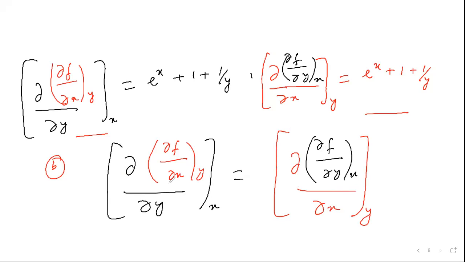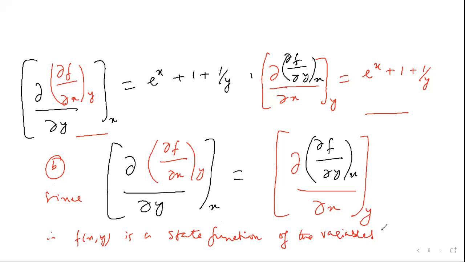Therefore, since they are equal, f_xy is a state function of the variables x and y. Let us move to part C.